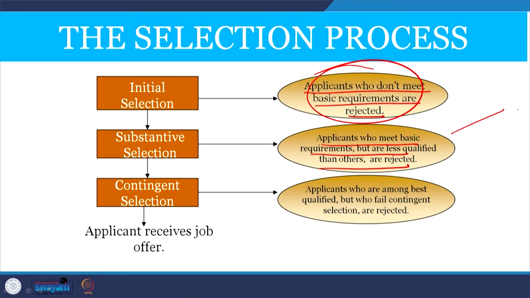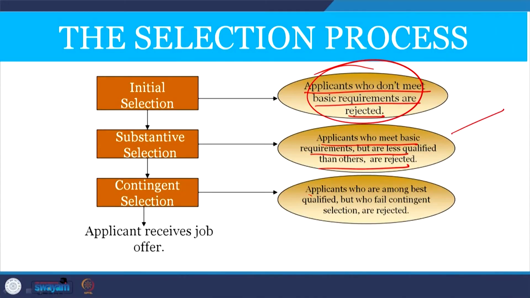Those who meet basic requirements but are not as suitable as per the qualifications are rejected in the substantive selection. In the third phase, applicants who are among the best qualified or the most suitable are selected, but applicants who fail contingent selection are rejected.